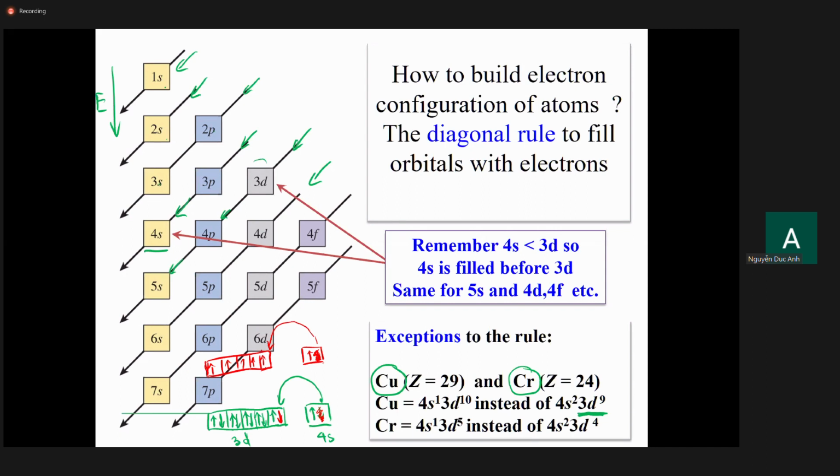For other examples, take the elements before chromium, which have only 3 electrons. Now you have 3 orbitals with 1 electron each and 2 other empty. It's not a big problem because the space that contains electrons and the space that is empty are not so different.